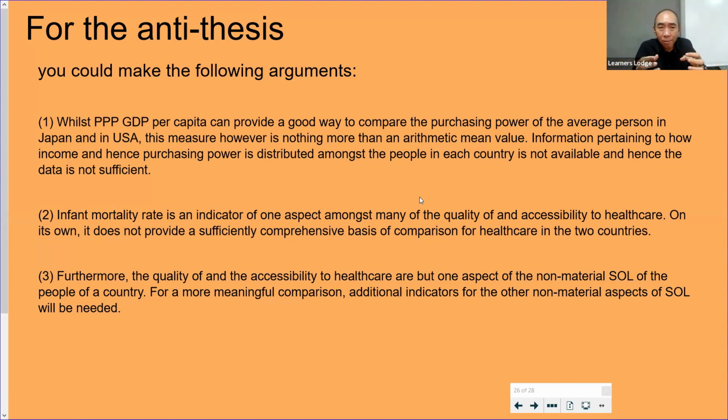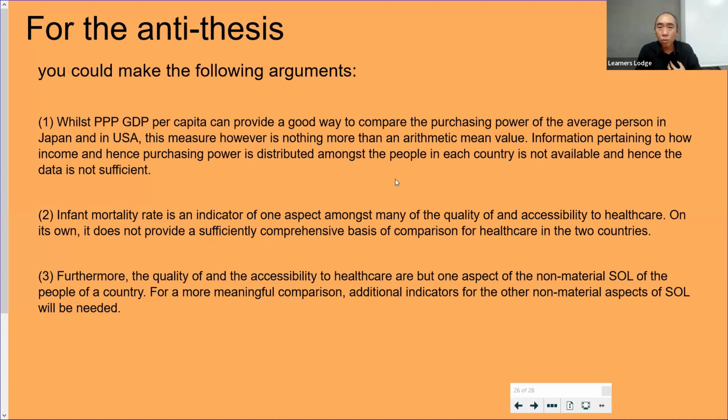But in reality, how that purchasing power is distributed amongst the people of each country, that information is unavailable in the table given, right? So that's one argument you can make, that makes us pause, makes us question that conclusion we drew earlier. Is that conclusion we drew earlier necessarily true?